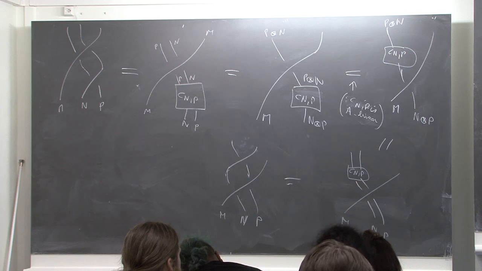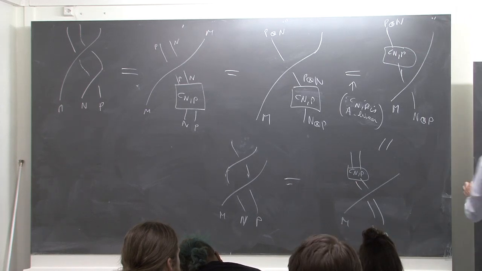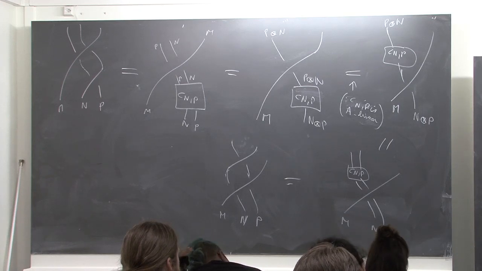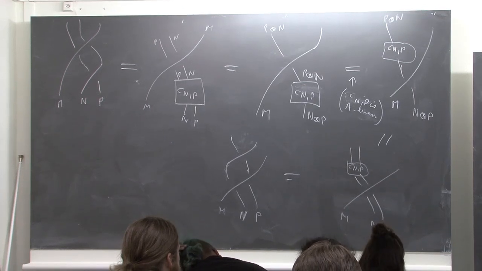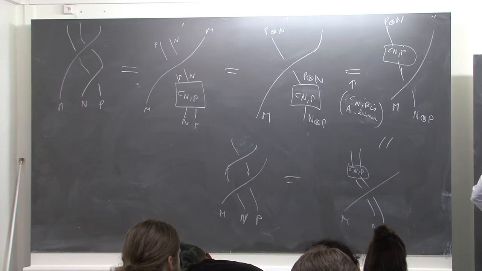that if you have a quasi-triangular Hopf algebra A and M a module over A, then you have a solution of the Yang-Baxter equation.